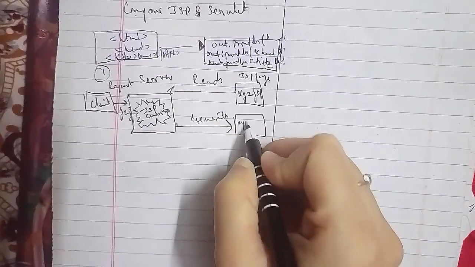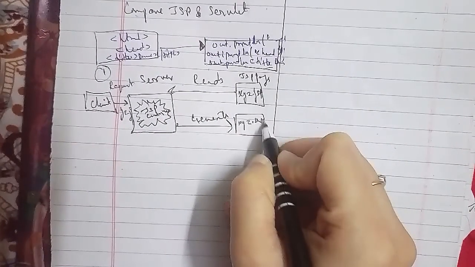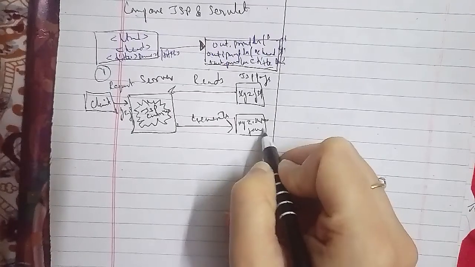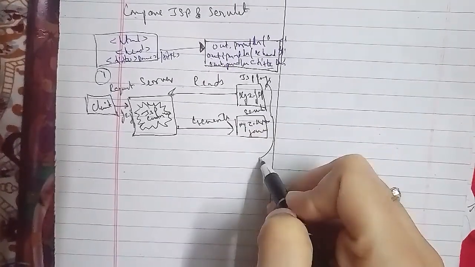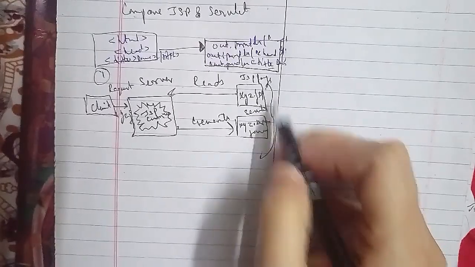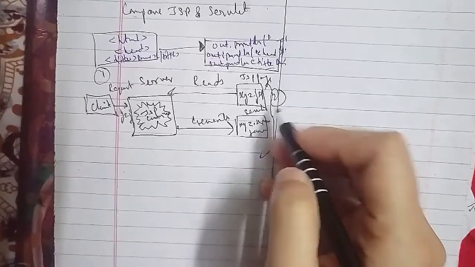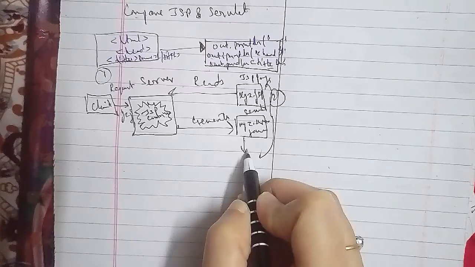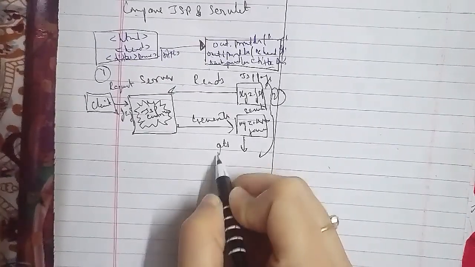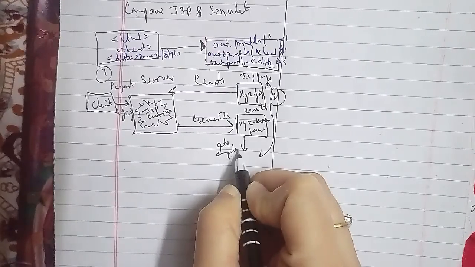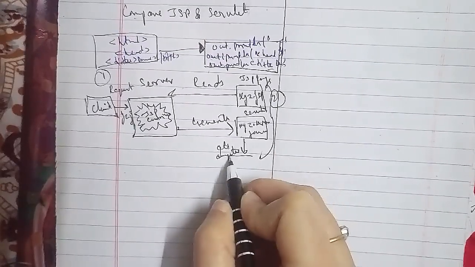compiled, and it gets compiled to XYZ servlet dot class. This is the request processing phase, the third phase. So here this is the request for xyz.com, and that is the request processing phase.